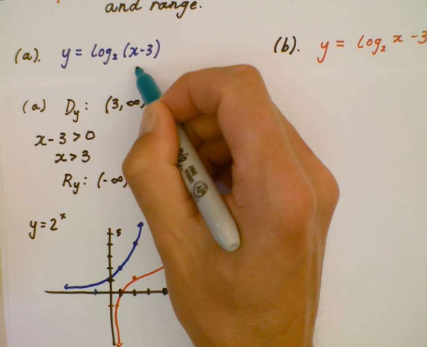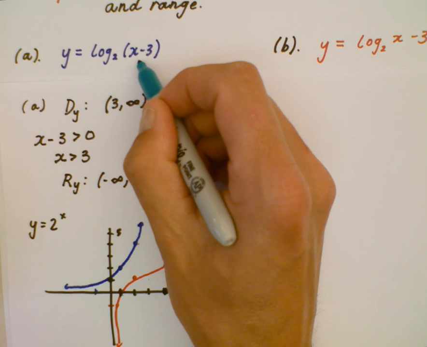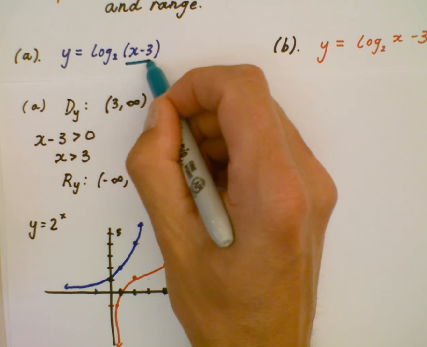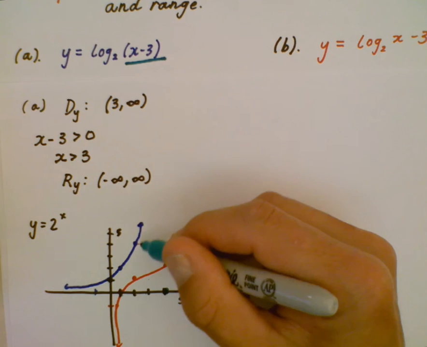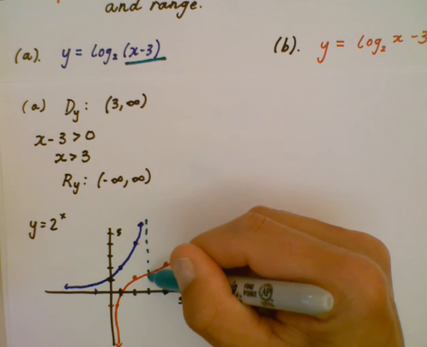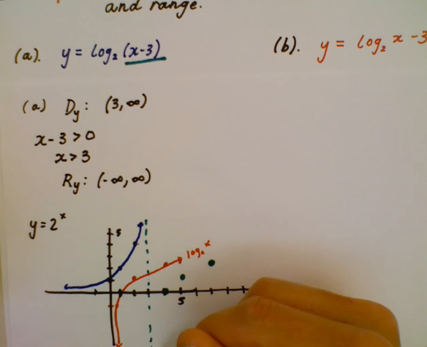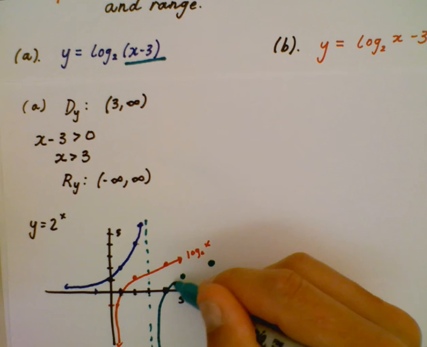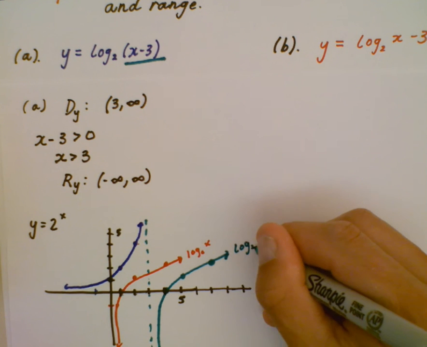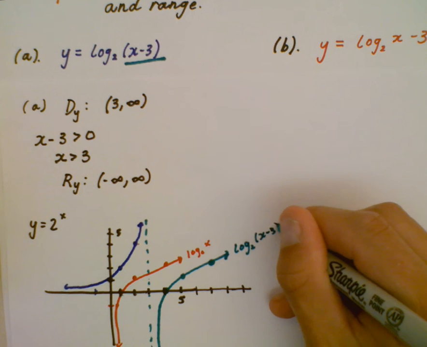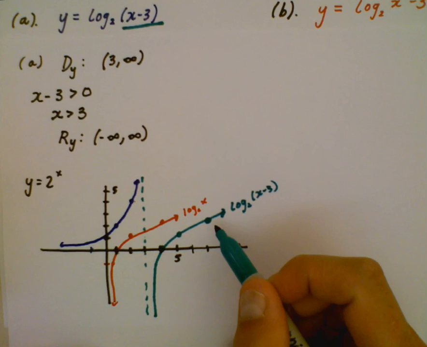But now, with the log function, this value here is going to give us the vertical asymptote. So we move 3 units to the right. So the domain said 3, so we have this imaginary line right here. And so now we know our graph is going to follow that right there. So here is log base 2 of x minus 3. That's the graph in green here. Okay, domain and range already stated.